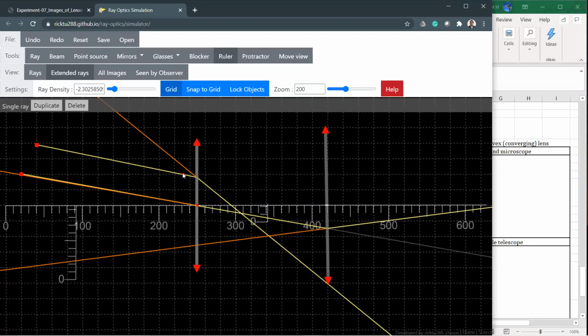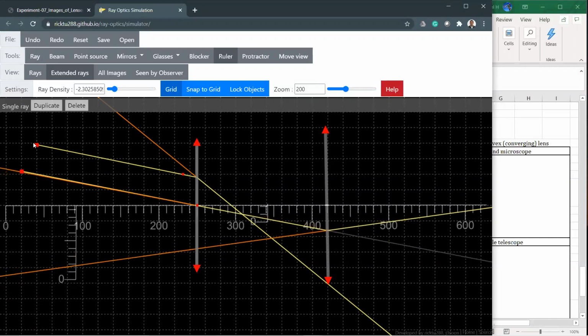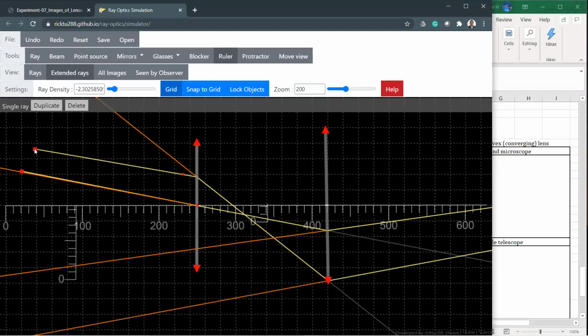Now when these two rays cross through lens number one, after it crosses it will produce an image exactly at the place of the focal point. That's how we can identify whether I'm observing an infinitely distant object or not.